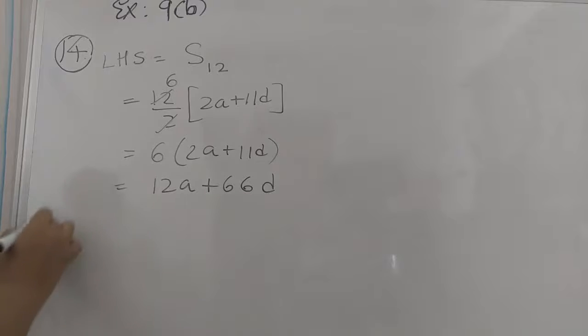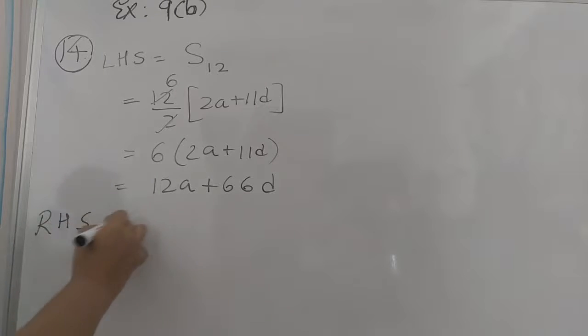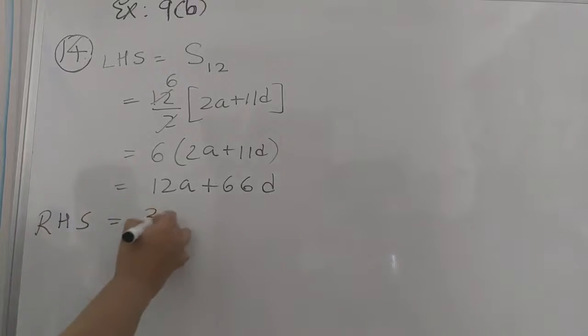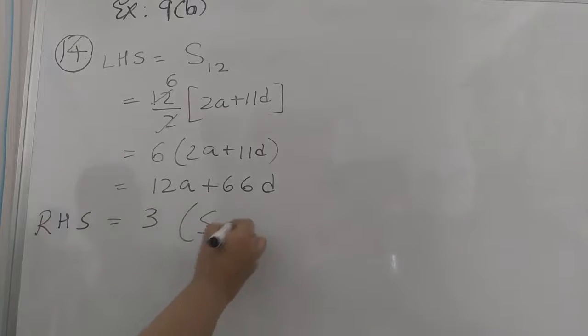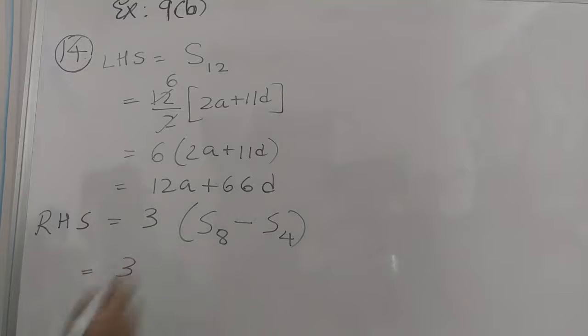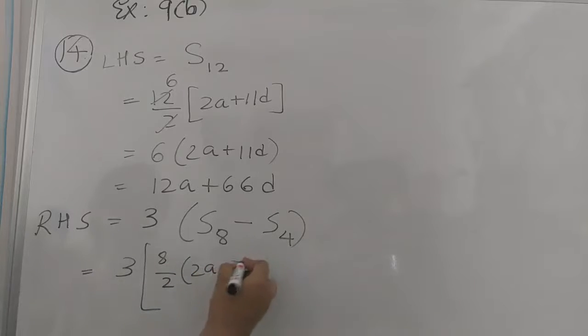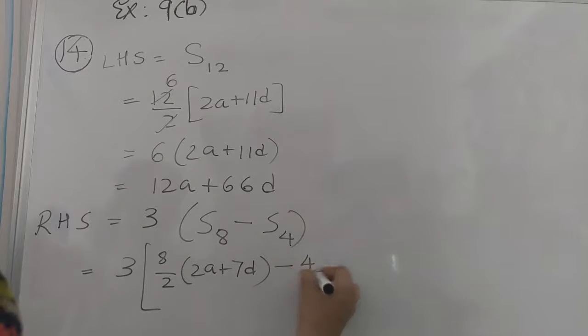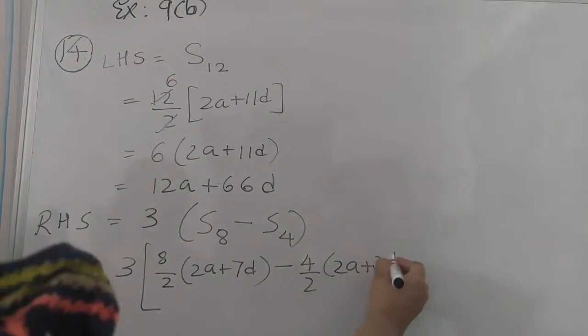Now RHS, that is right hand side, is equal to 3 times S8 minus S4. Okay, so here 3 times S8, for that 8 by 2, 2a plus n minus 1 means 7d, minus 4 by 2 for the S4 formula, 2a plus n minus 1, that is 3d.